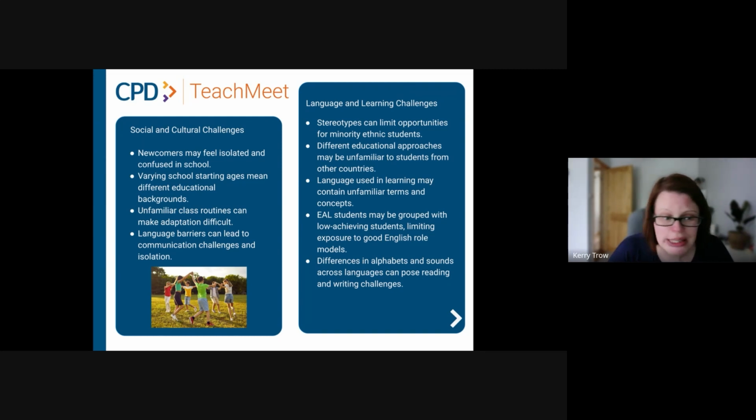Unfamiliar class routines can make adaptation difficult. You might come from a country where education is quite formal, or from a country where children don't start formal education until they're much older. So it's about those expectations and how the children work on a day-to-day basis.